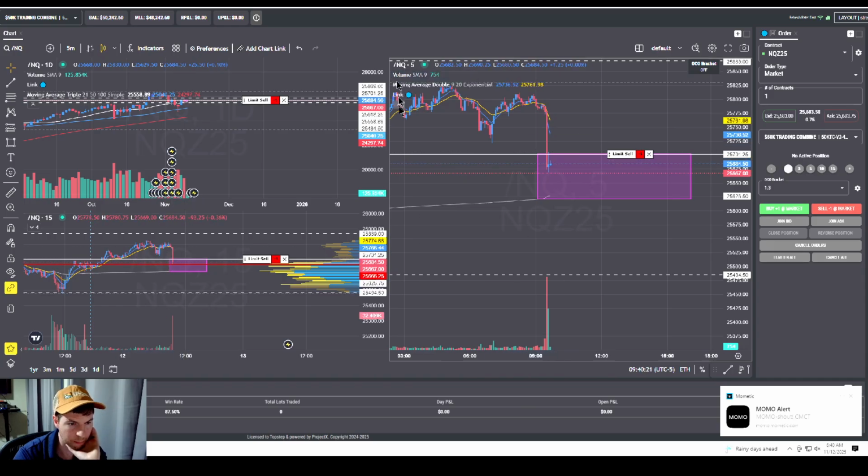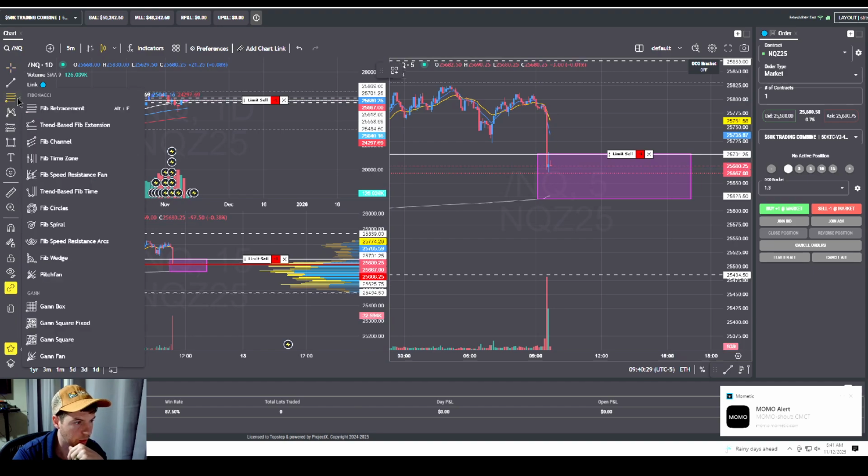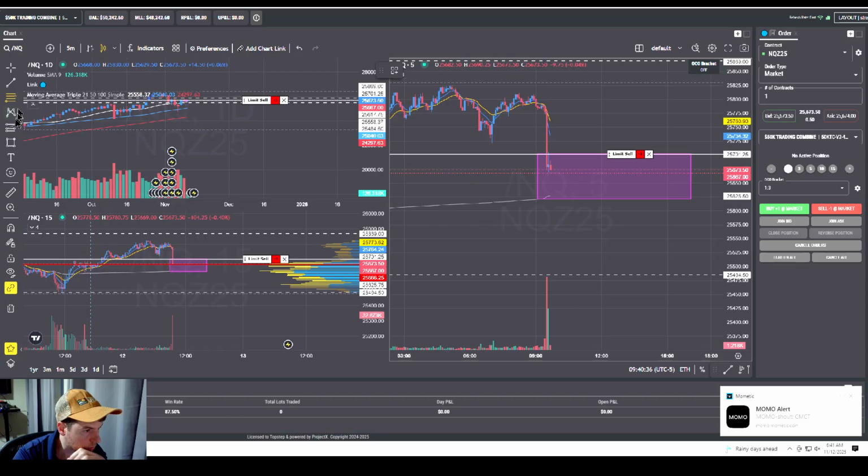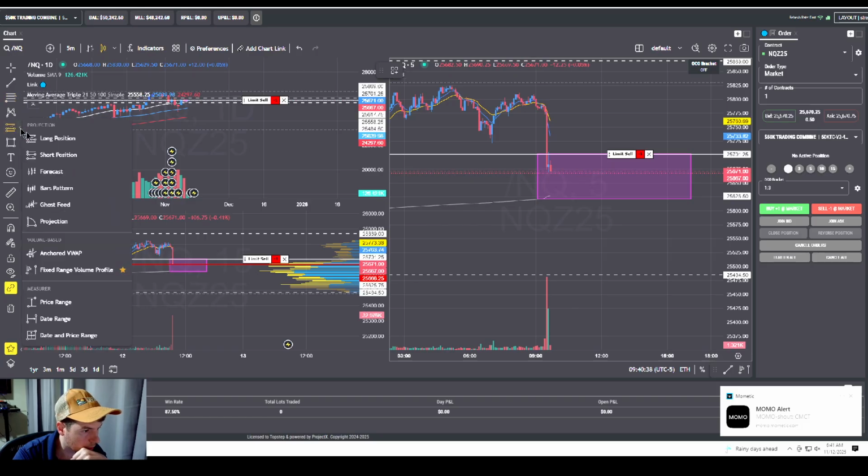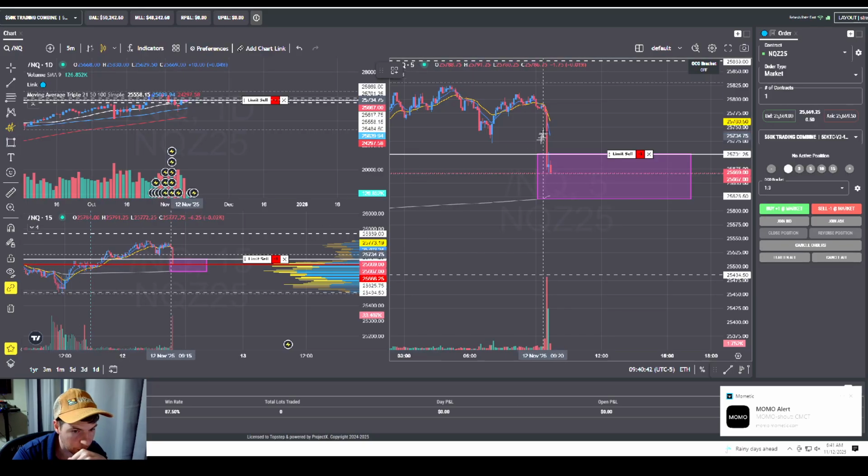In fact, I might have VWAP on here. No, I don't. So you can just throw it on here, and we could just anchor it right here.